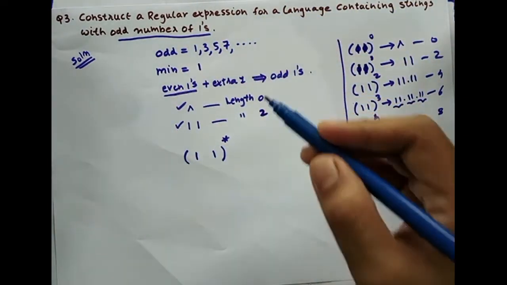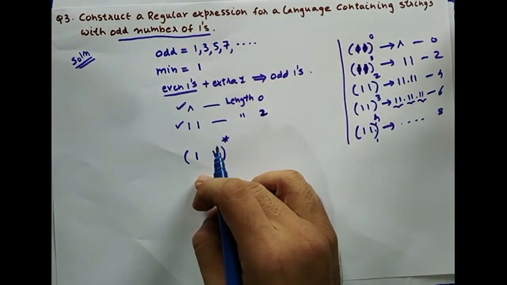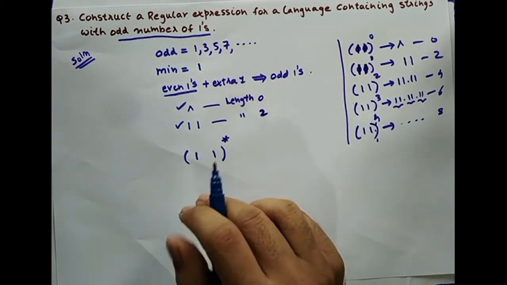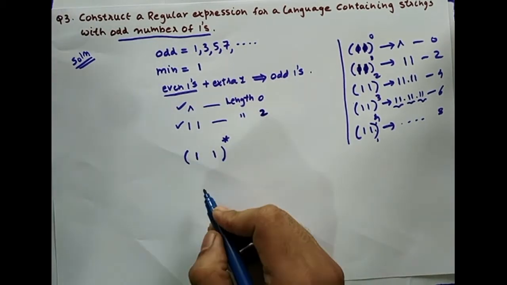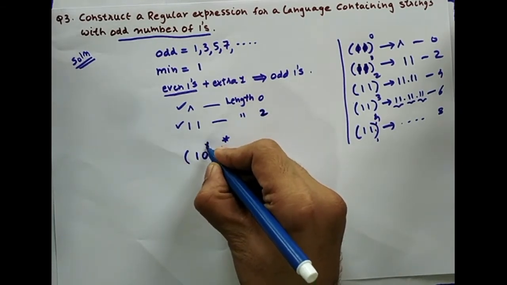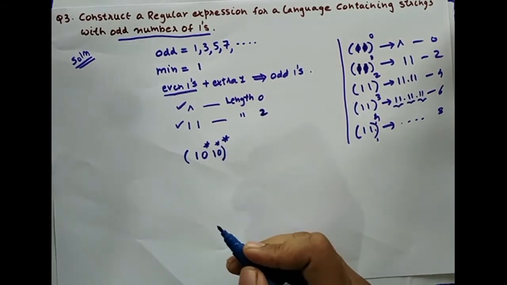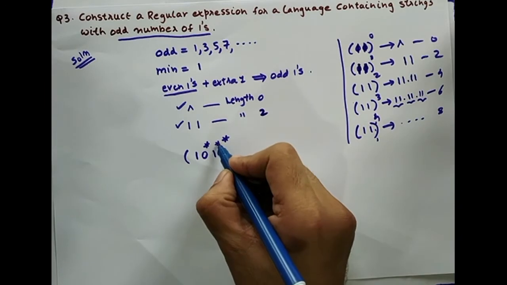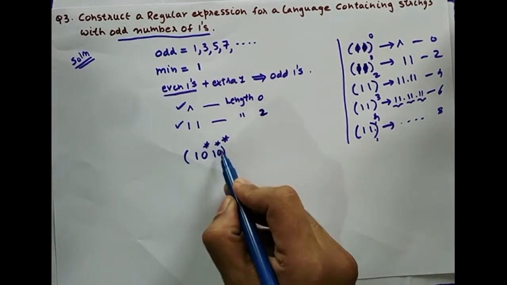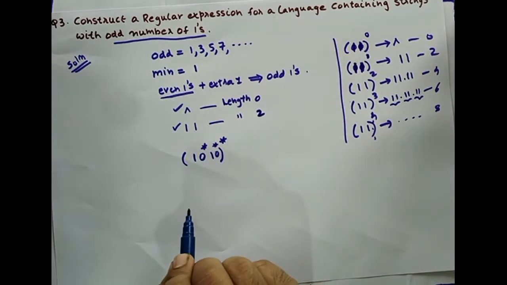We have full attention on number of ones, but we have ignored zeros. So in between these ones, you can have any number of zeros, 0 or more number of zeros, correct? You can have 0 or more number of zeros in between these ones. So this will give you a regular expression for accepting even number of ones.